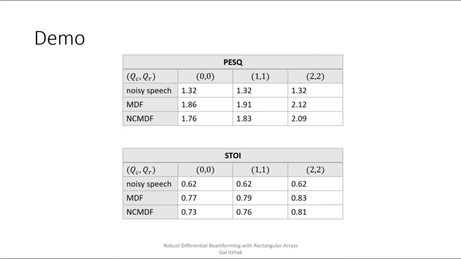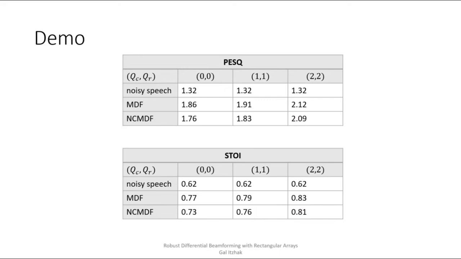Okay, now let's examine the PESQ and STOI scores of the demo we've just listened to. We also show here in the bottommost rows the appropriate scores with the null-constrained maximum directivity factor beamformer. So first of all, we observe that considering this case and these configurations, the higher the configurations, the better the performance in terms of both scores.